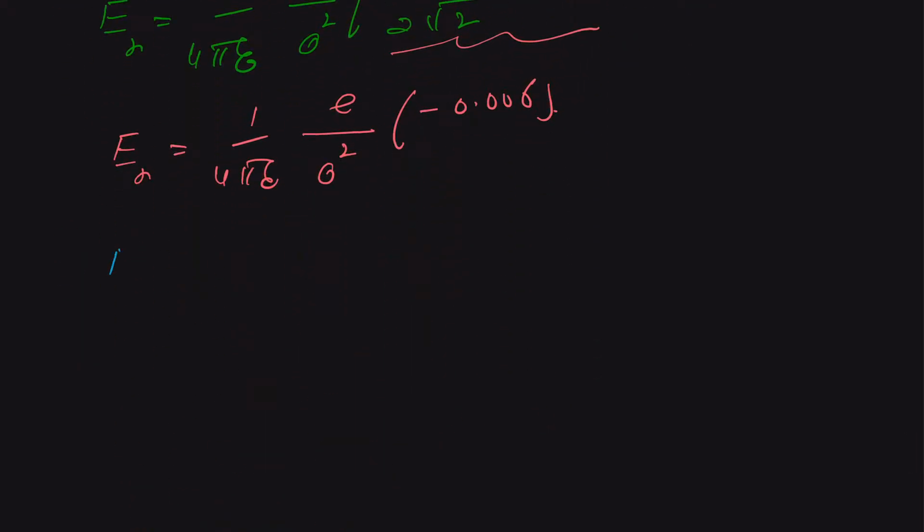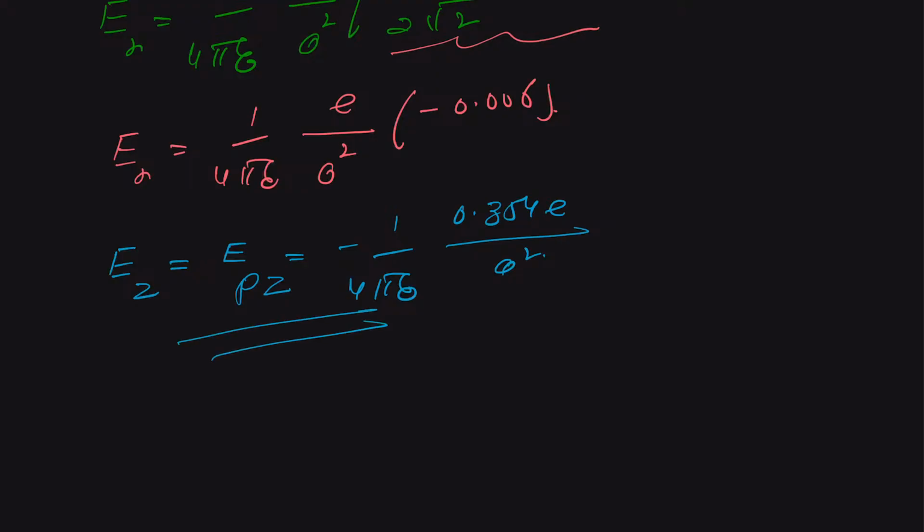Therefore, we can say that our E of z is equal to the electric field because of the proton in the z direction, which is minus 1 upon 4 pi epsilon naught, and this comes as 0.354 e divided by a square. So this is the value of our electric field.